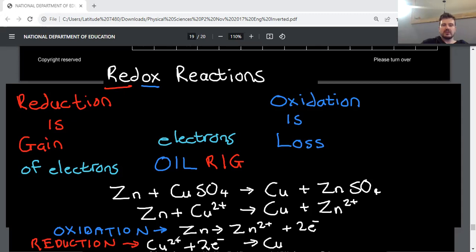Plus 2 and minus 2, because that's 2 electrons, equals 0.